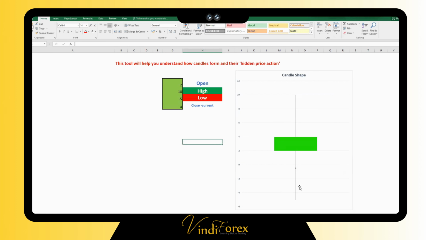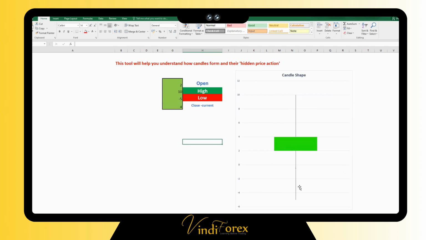In this case, the wick plus wick are on different sides. There's a wick here and there's a wick there on both sides and they are equal. It's what? Indecisive. Okay. That's number one.